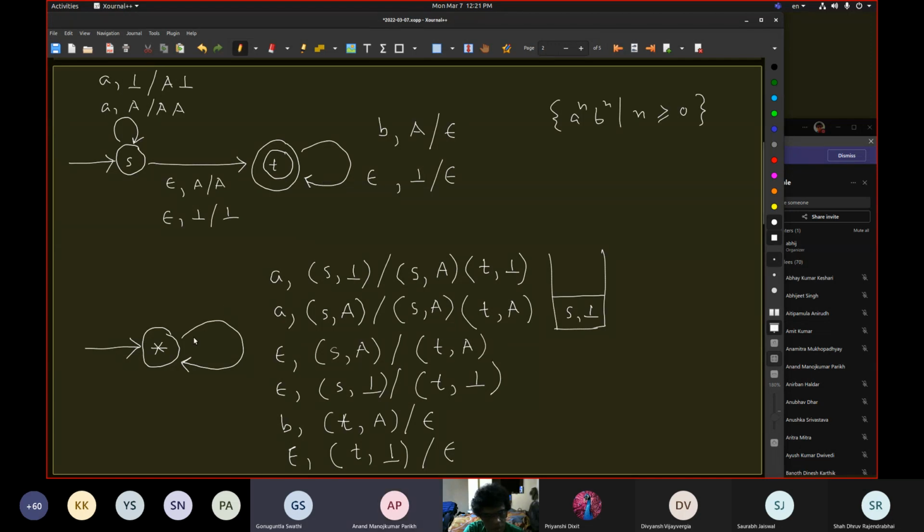On the other hand, this converted machine can accept only by empty stack. There is only one state. Agree? How this example works?